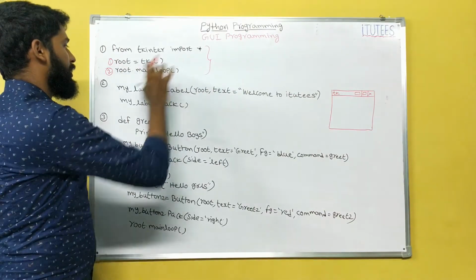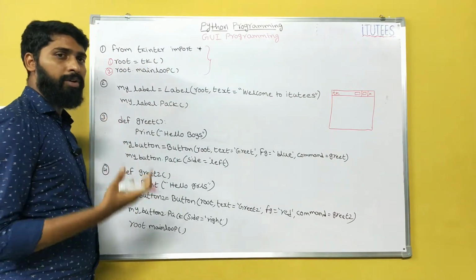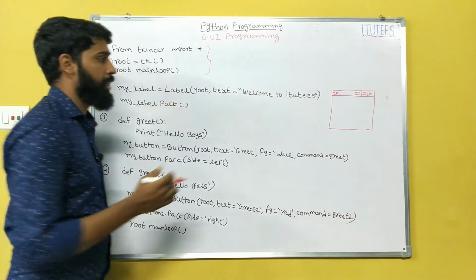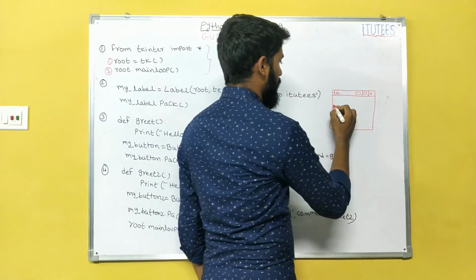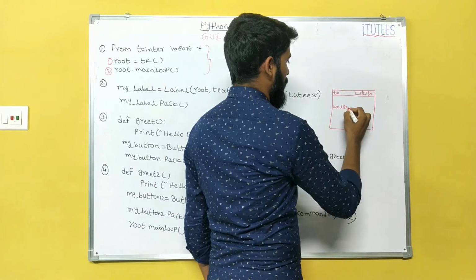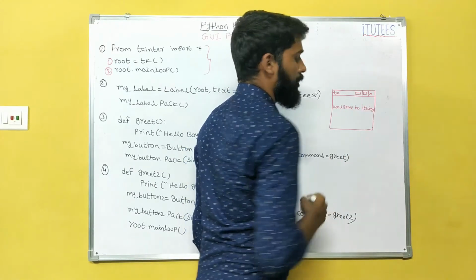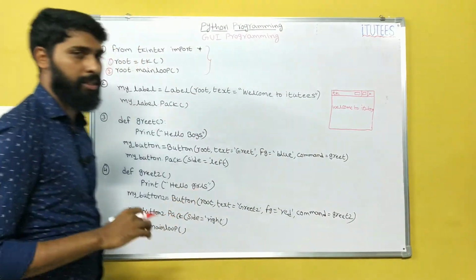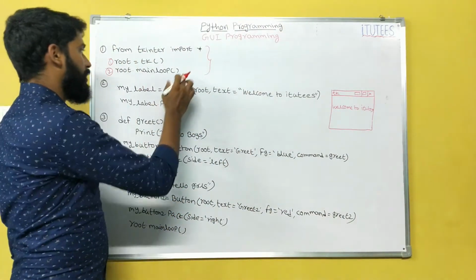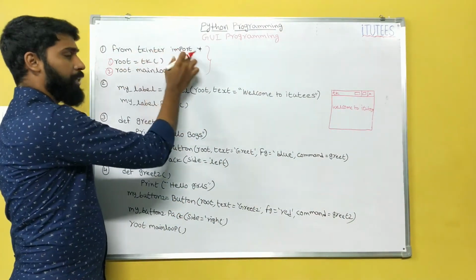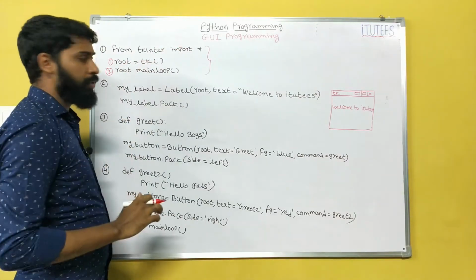Now for the same program, I want to append a label. Welcome to iTuties. This is the label I want to insert into this window. How? For this also the same: from tkinter import asterisk, root equals tk.